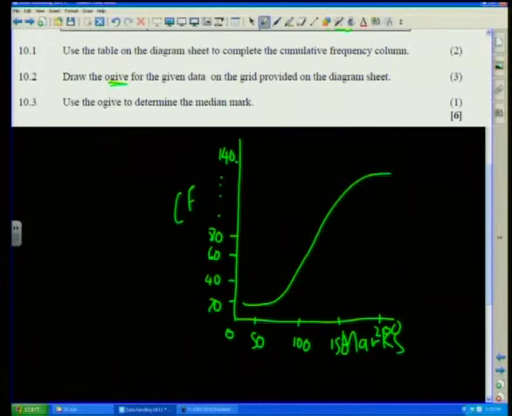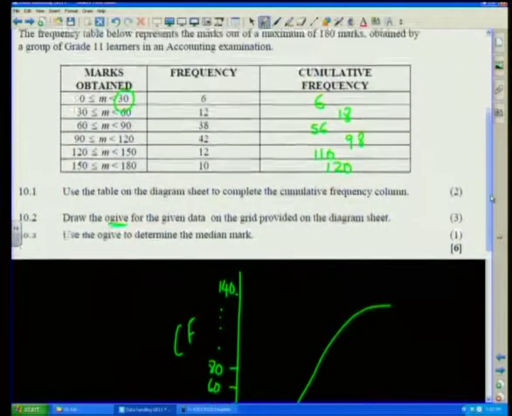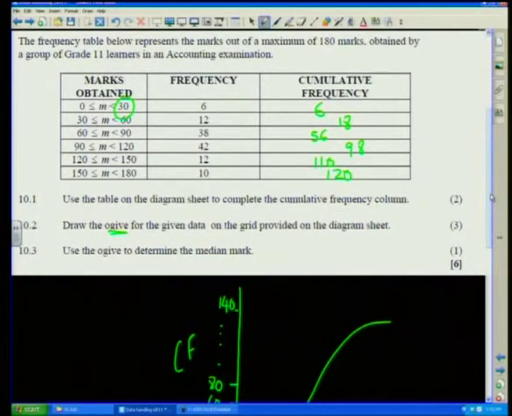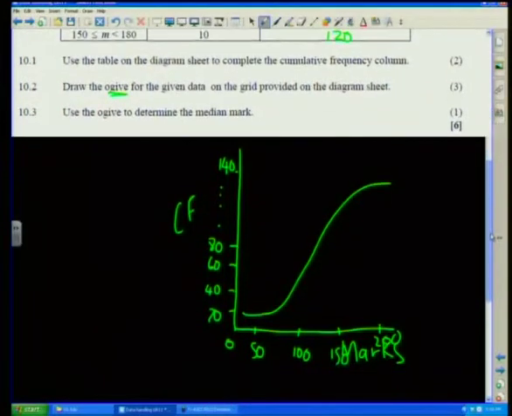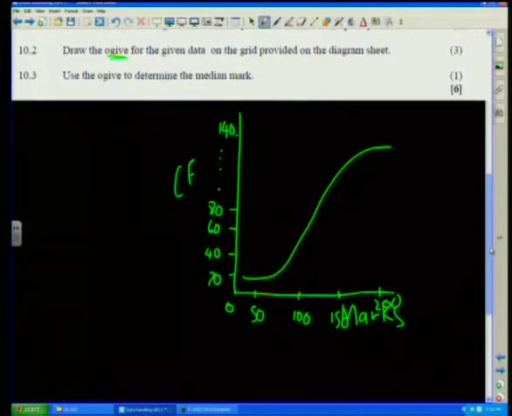The only way you're going to get this curve really easily is to plot each of the upper values with your cumulative frequency. So your first point is going to be 30 and 6. Your next point, 60 and 18. Then 90 and 56. You're just going to plot each of those points as you go across on your marks, and then up on your cumulative frequency.